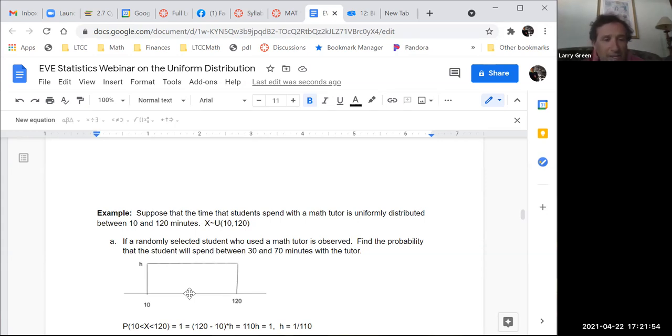And this isn't supposed to be tricky or anything. It's not quite as easy as the probability of exactly 25, but it's not tricky like that one was. How do you find the average if it's between 10 and 120? Or the mean?